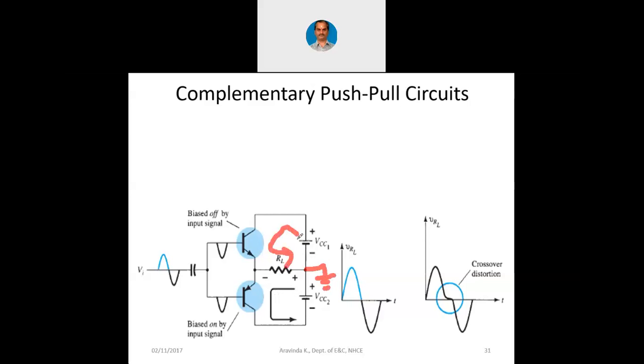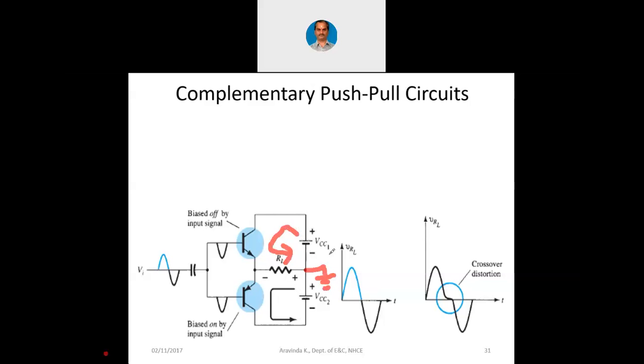Due to which, when the input signal has two cycles, two transistors are conducting, and across the load the current direction is also different. In the upper transistor, the direction of current is in this manner. In the lower transistor, the direction of current is in the opposite manner. So that way across the load, output AC is induced.